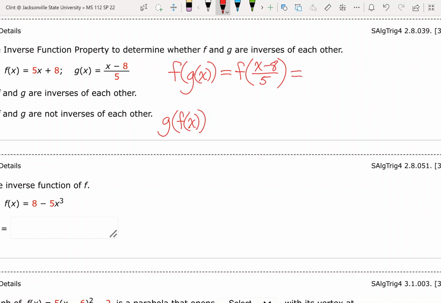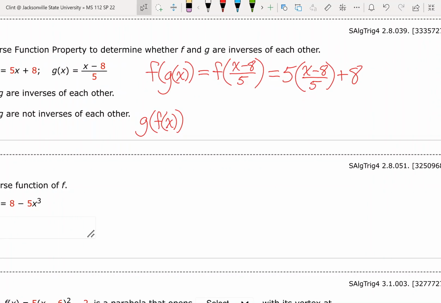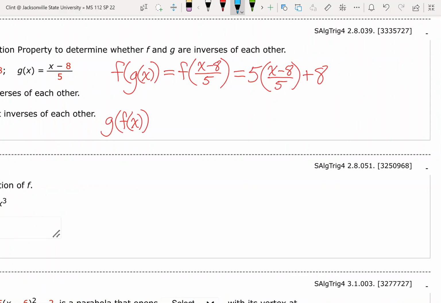So we'll have 5 times x minus 8 over 5 plus 8. And then we just need to simplify. It's not as bad as it looks, because here 5 over 5 cancels. And then minus 8 plus 8 cancels. So all we're left with is x.